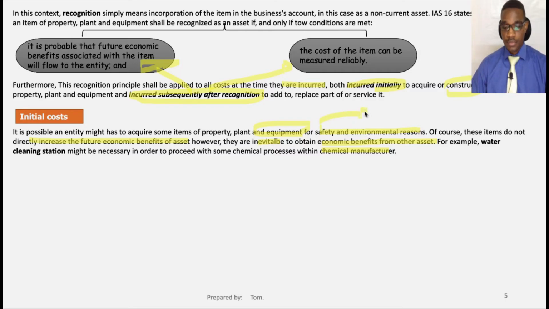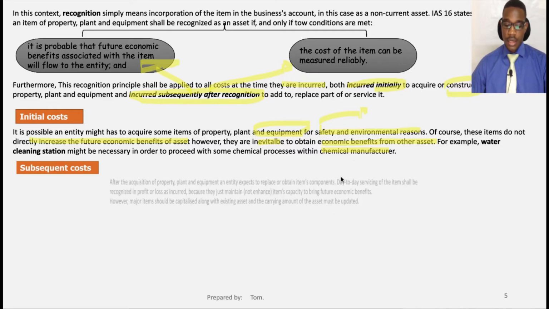These costs do not directly increase the economic benefits or contribute to the company's revenue, but we cannot avoid them. They are inevitable, and that's why we need to capitalize them as property, plant, and equipment items.